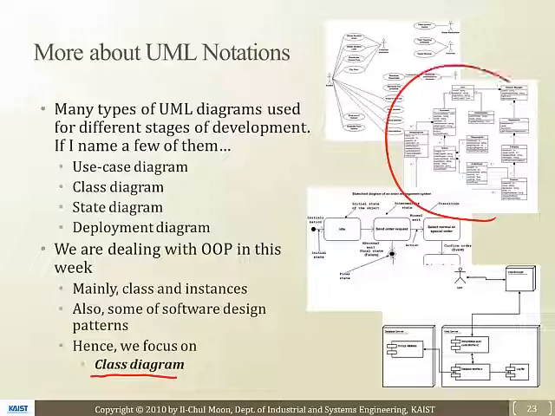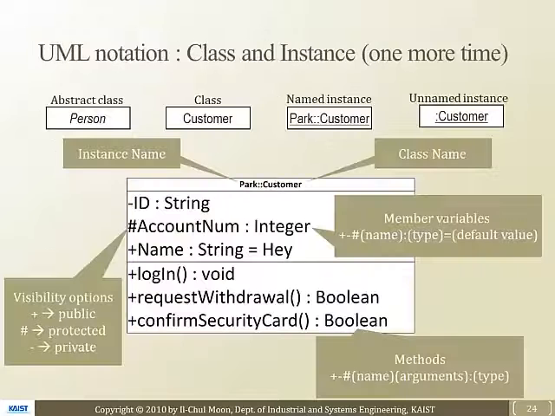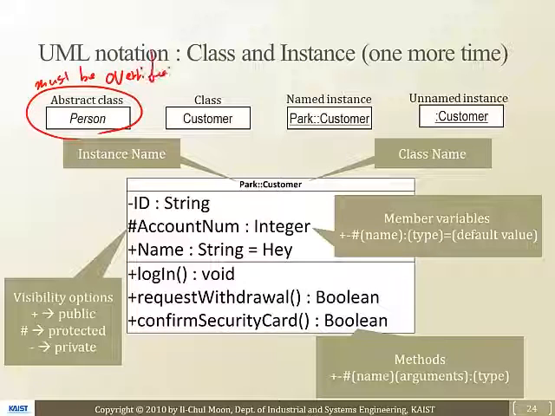Okay, so this is the class diagram. Just a short recap. This is a very simple class diagram. I already talked about the abstract class, which has abstract methods. These abstract classes must be inherited, and the methods must be overridden, right? Now you remember.